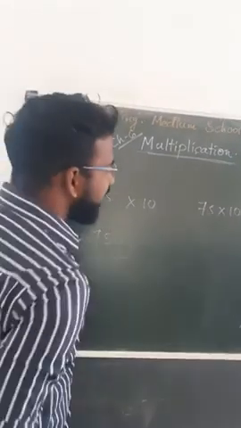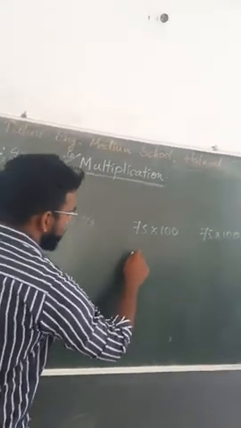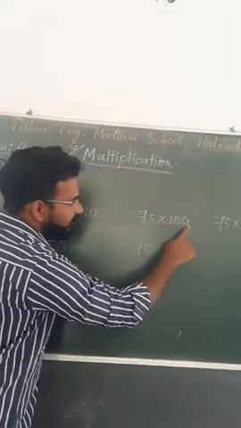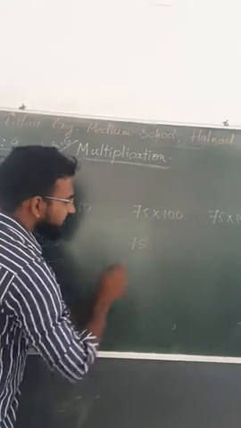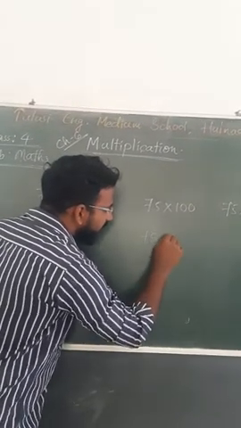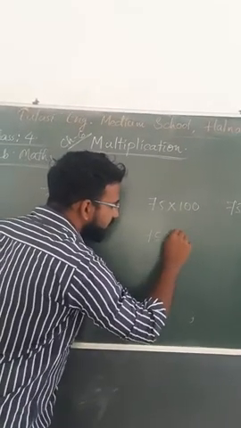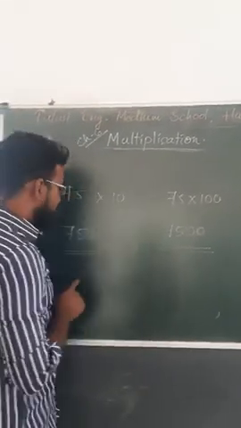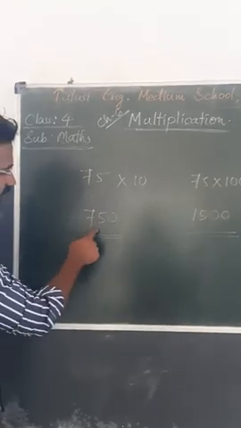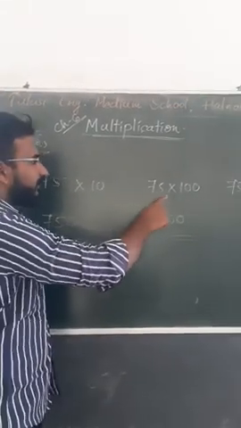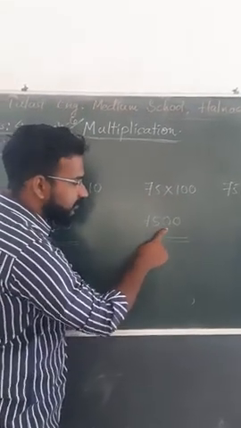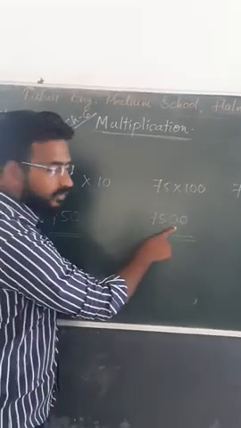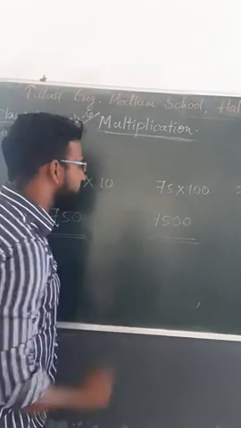Here 75 into 100. In 100 two zeros are there. We just write two zeros on the right side of that number. 75 into 10, 750. 75 into 100, 7,500. We place these two zeros here. So 75 becomes 7,500.